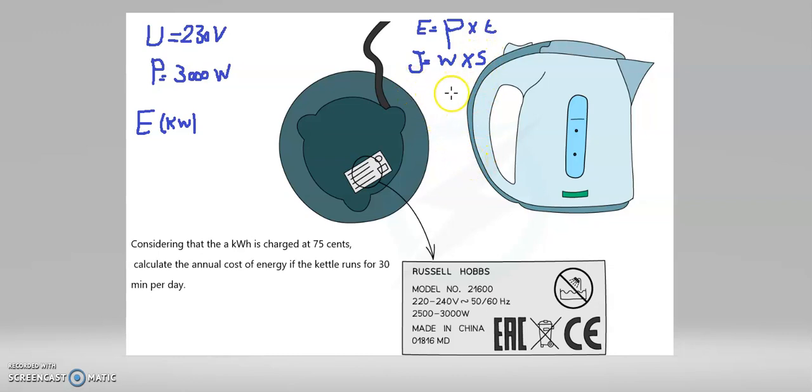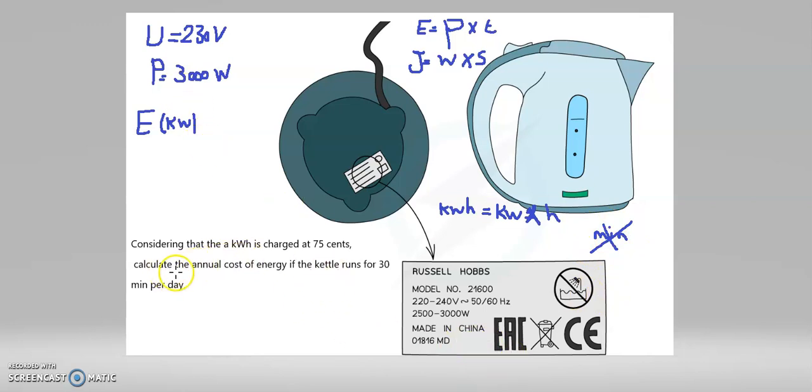But if we want energy, I'm going to write it down here, in kilowatt hour, that means that power has to be in kilowatt and time has to be in hour, and we never ever use minutes. So here we have time.